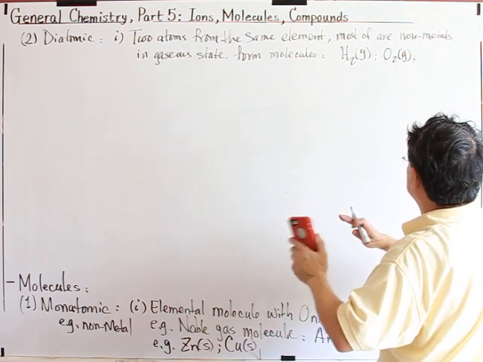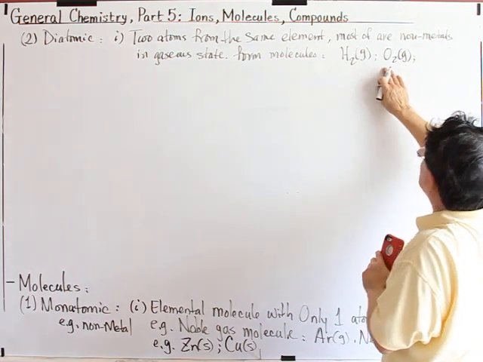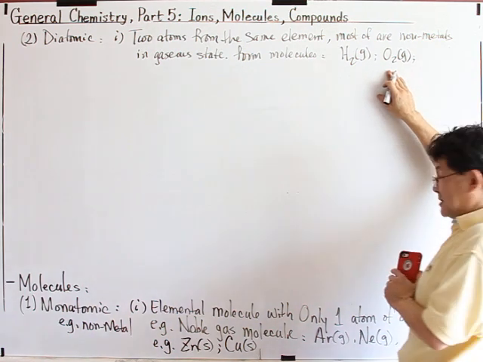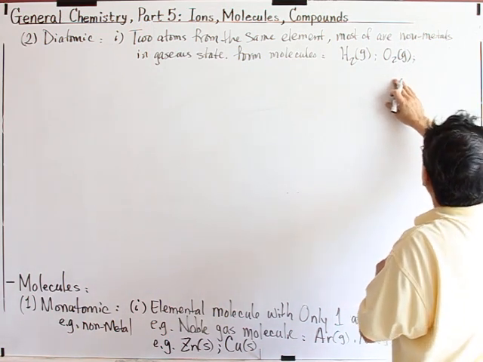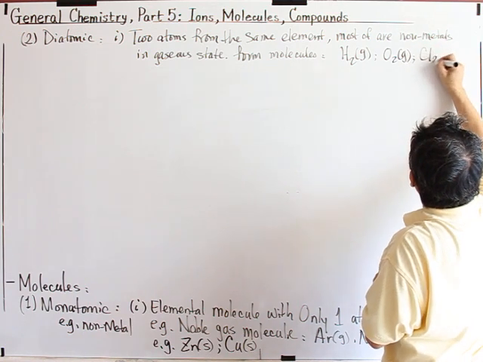We're going to talk about this later on in atomic structure and bonding. And the oxygen involves a double bond, 2 electron bonding and 2 electron bonding, and in total 4 electrons are involved in the bonding construction. And then we have chlorine gas.